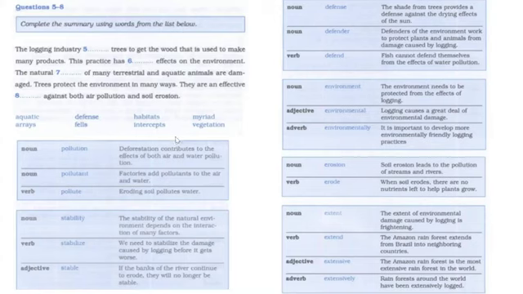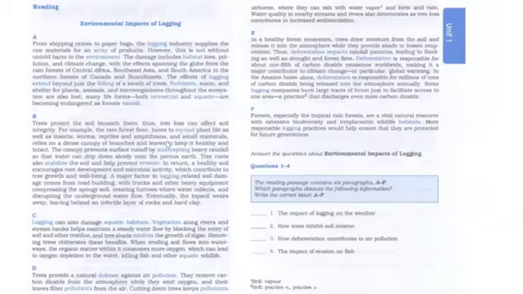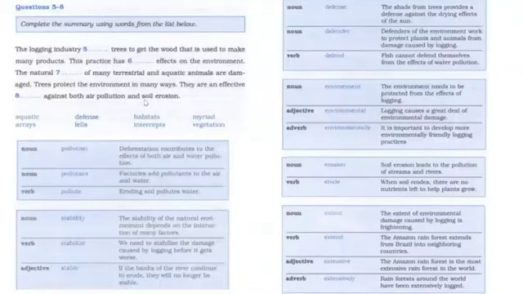The answer is habitats. From the text we can see: many life forms, both terrestrial and aquatic, are becoming endangered as forests vanish. So here, life forms is the natural habitats.